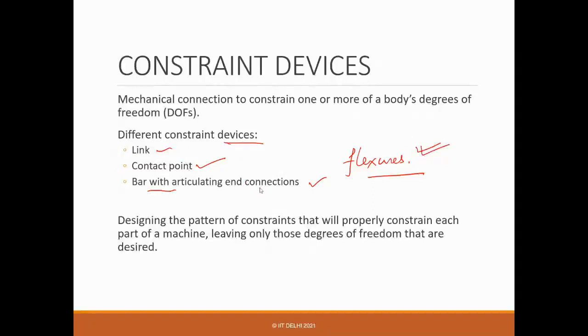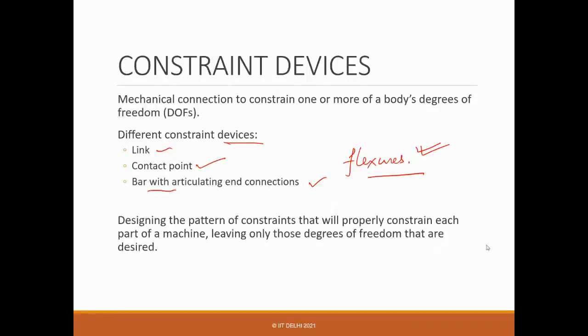But the key concept is we should define these constraint lines, and then we should be able to know what the different devices or means are, and then convert into flexure design, which may be needed when the range of motion is limited, as in the case of MEMS or NEMS, micro electromechanical systems. So when we go to the micro level, we'll talk about flexures.